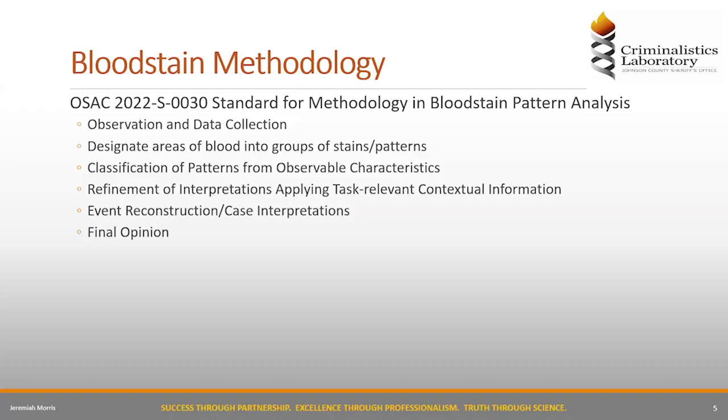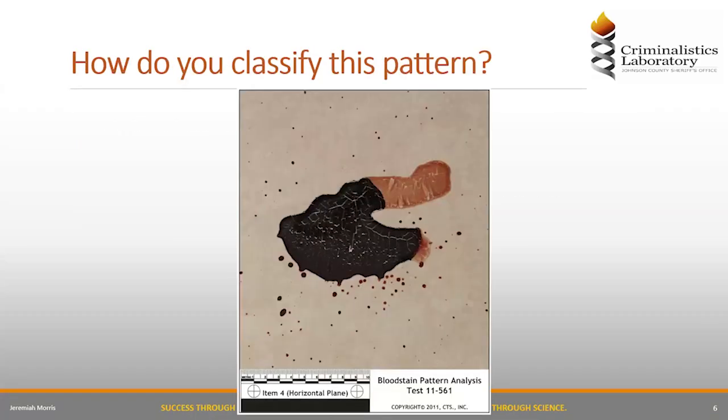Observation and data collection, designating areas, essentially grouping what is a pattern and what is not a pattern, classifying those patterns based on observable characteristics, refinement of those patterns using task-relevant information, and then moving on to what it means, which would be the event reconstruction or the case interpretations, and then ultimately the final opinion. That final opinion may be based upon a specific case question that was presented to the analyst.